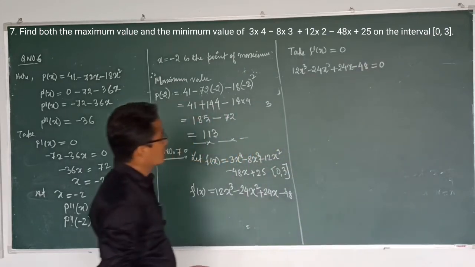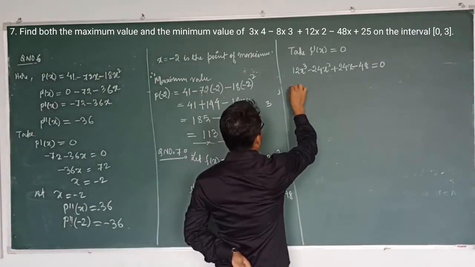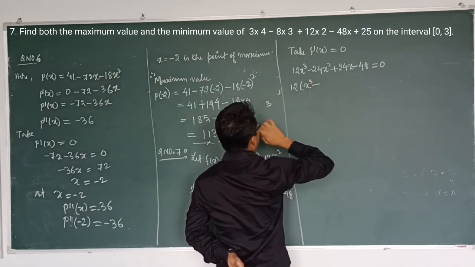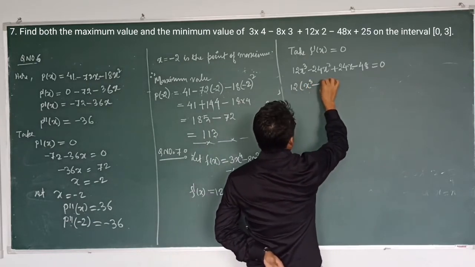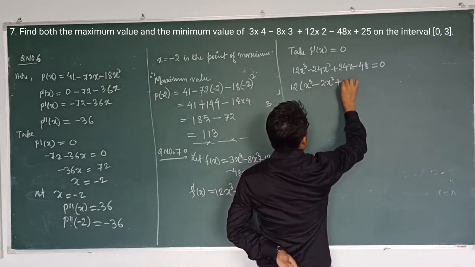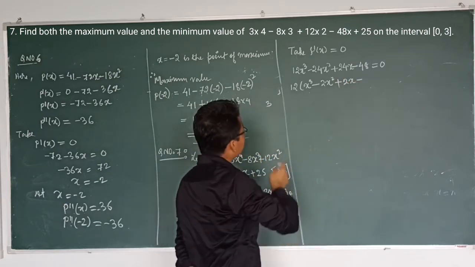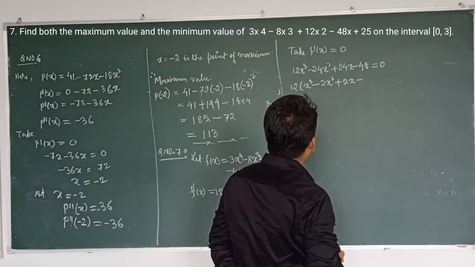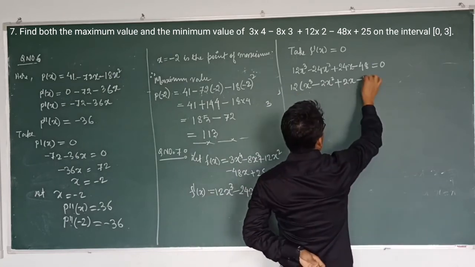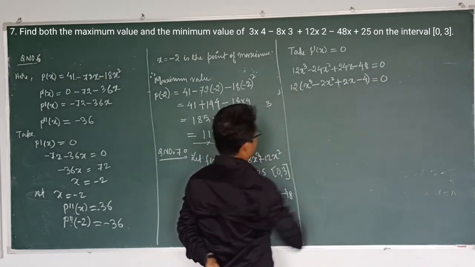First of all we take 12 common. Then what remains? x cube minus 2x square plus 2x, and 48 divided by 12 is 4.